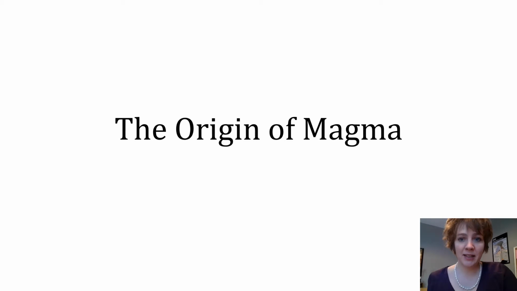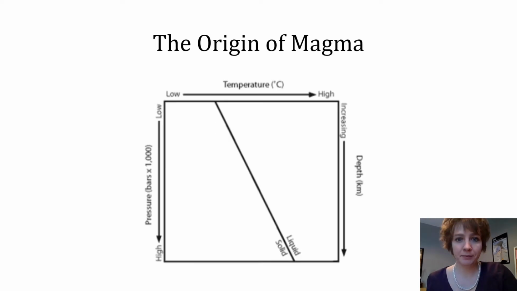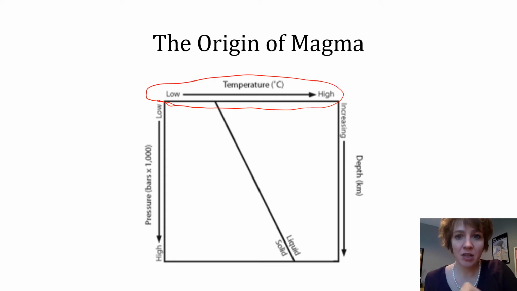Before we jump into the assignment, let's take a closer look at the simplified pressure temperature diagram, or PT diagram, that you'll be dealing with. Here we can see what that looks like. The top axis is temperature. Low temperatures on the left, and then temperature gets higher and higher as you move in this direction.